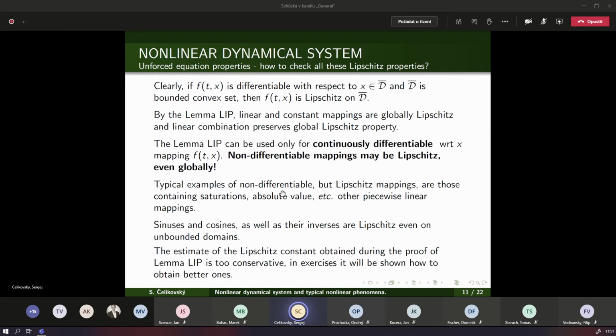Typical examples of non-differentiable but Lipschitz mappings are those containing saturations, absolute values, or other piecewise linear mappings. A typical example is the absolute value of x. It's easy to see that it is a Lipschitz function, but of course at 0 the absolute value is not differentiable.